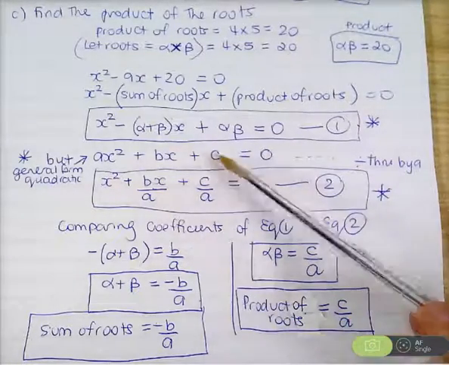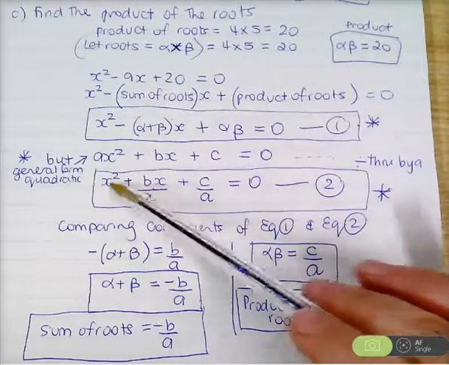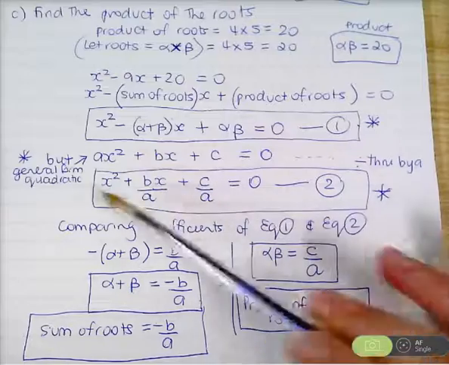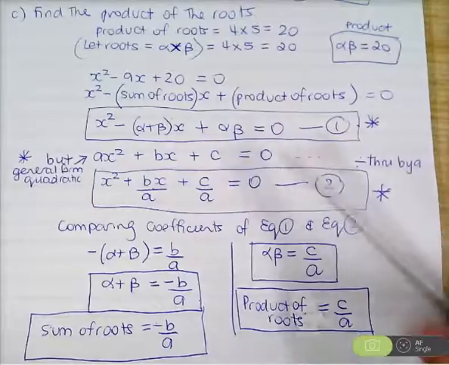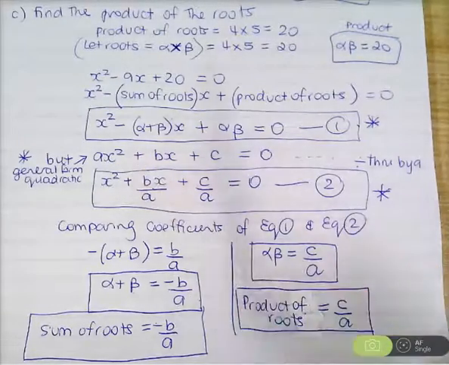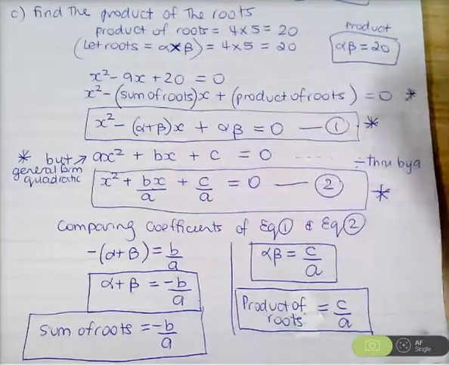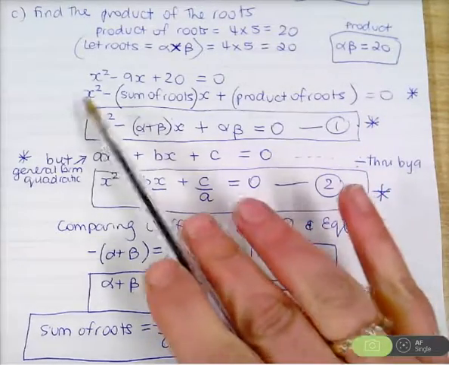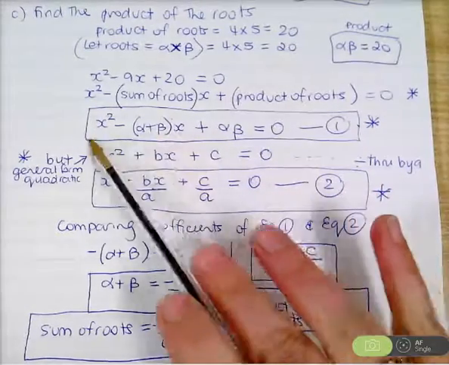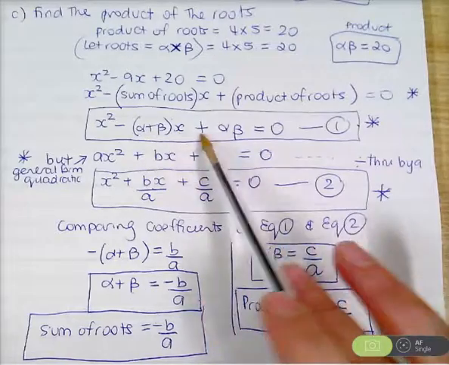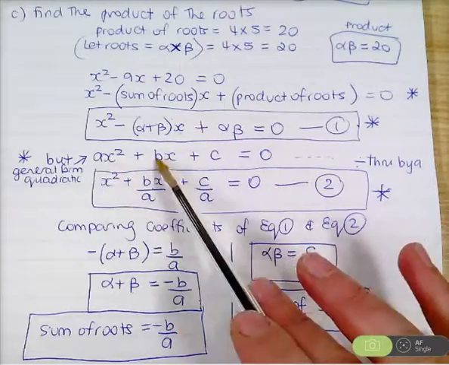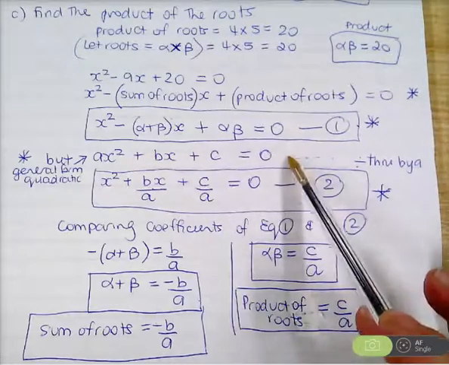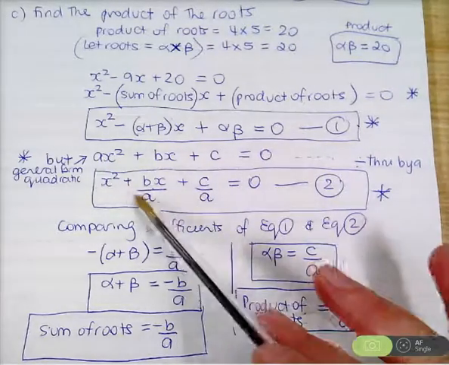If you know the general form, and you divide each term by a, and if you divide the 0 by a, you get 0. And you should also know this too, up here, that your quadratic is x squared minus the sum of roots x plus product of roots equals 0. Or if you know ax squared plus bx plus c is 0, if you divide that one by a, you get this.